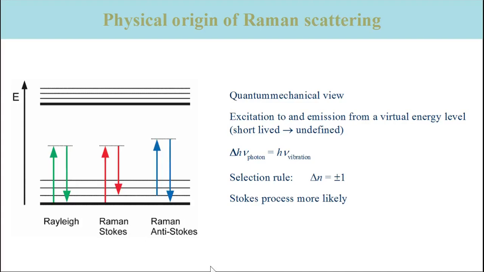What is the origin of the Raman bands in the spectrum of the scattered photons? This is easy to understand in the quantum mechanical view, which is illustrated in this figure. The figure shows the vibronic states of a molecule for the electronic ground state, here, and for the first electronically excited state, as well as the three processes: Rayleigh scattering, Stokes-Raman scattering, and anti-Stokes-Raman scattering.